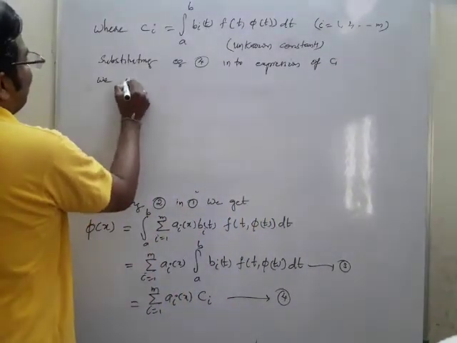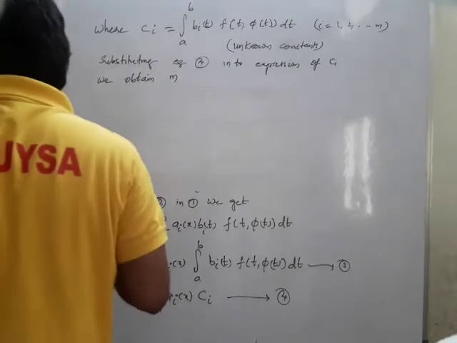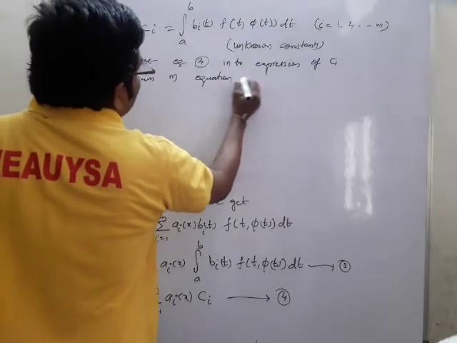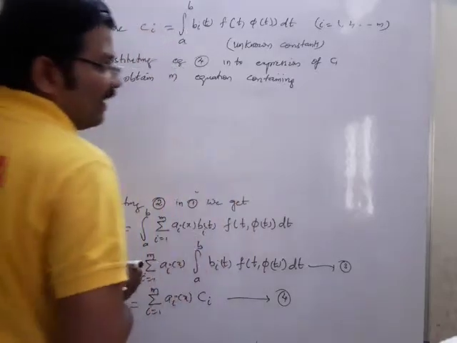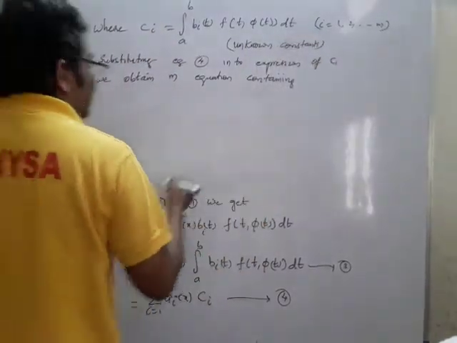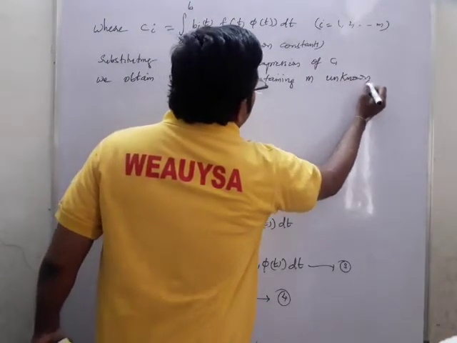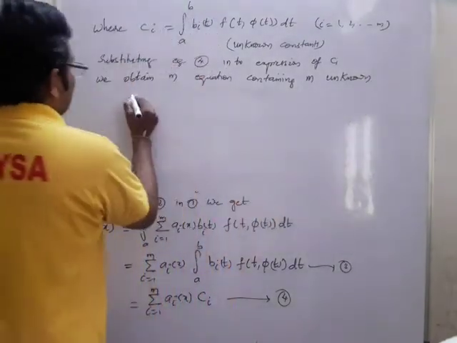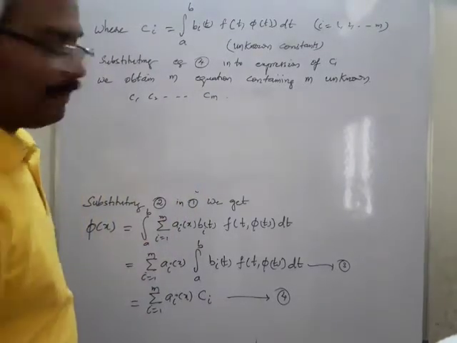We obtain m equations, because i equals 1 to m, containing m unknowns, that is c1, c2 and so on up to cm.